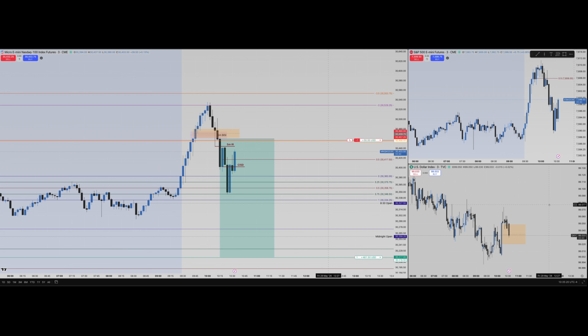You can see how it's trying to get up above into the upper half of the bearish order block again. But that's just the wick. You have to keep in mind the bodies tell the story.